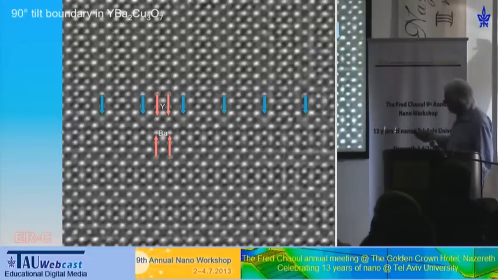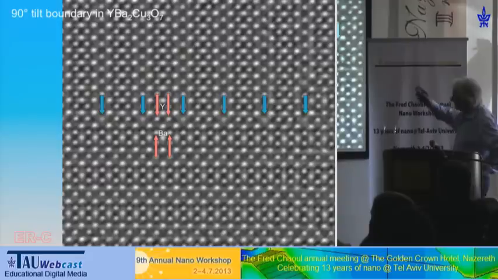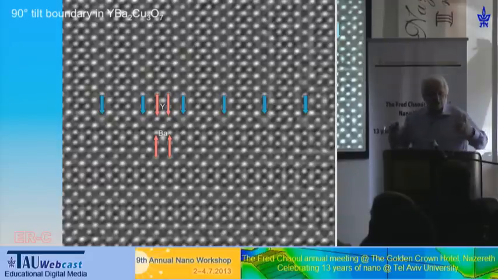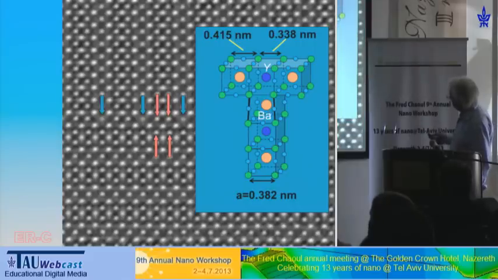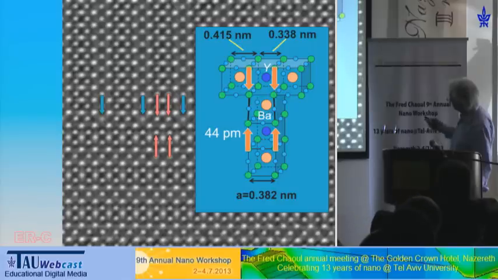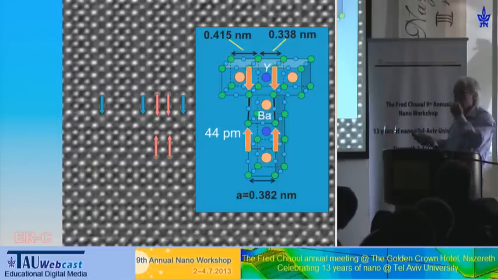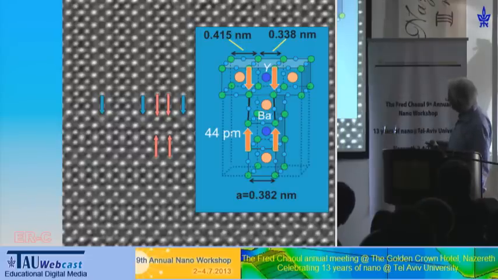These are the oxygen atoms which are relaxing towards the copper atom, and this tells us that the boundary is reconstructed, as we call it, and this is shown in this model here. This is the close pair close to the yttrium, and this is the wider atom pair. So the separation here is 44 picometers smaller than this distance here.